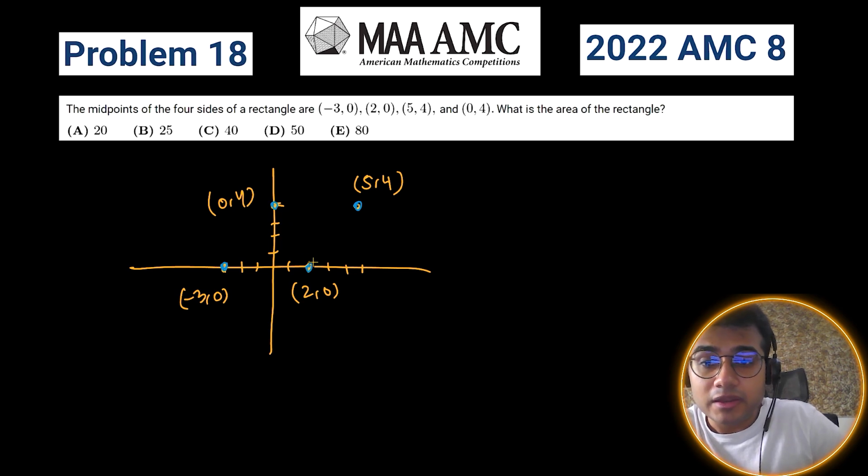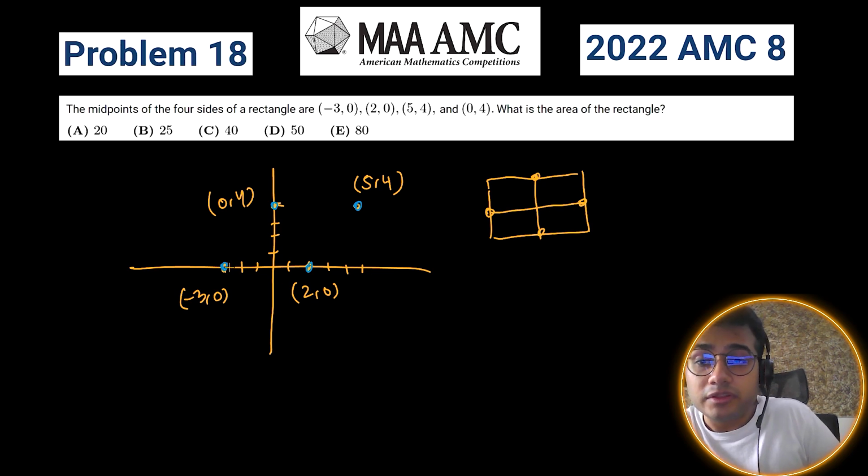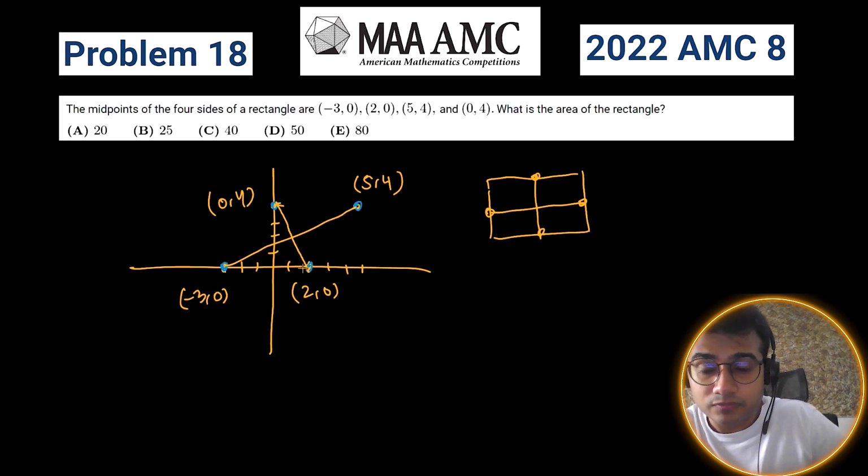Okay, now let's look at a rectangle and see if we can observe something about the midpoints. If you have the midpoints and you join the opposite midpoints with a straight line, they're perpendicular to each other. So that means these are those two lines that go through the rectangle and they're perpendicular to each other.